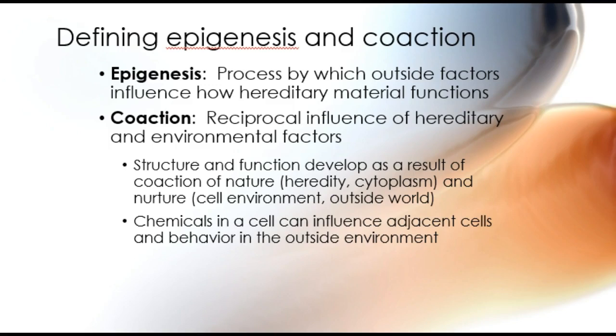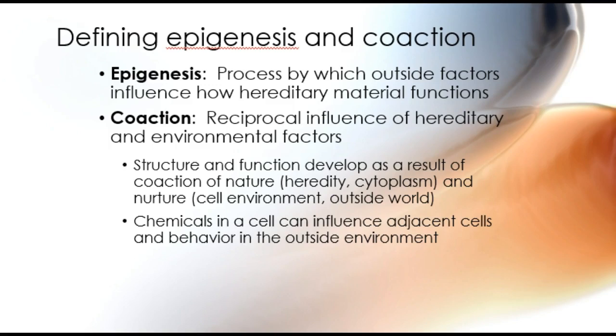The term epigenesis was originally used to describe the development of specialized cells and systems of cells, like the nervous system or the digestive system, from an undifferentiated zygote. The term described genetically similar things and how they can have different outcomes, which was a mystery.